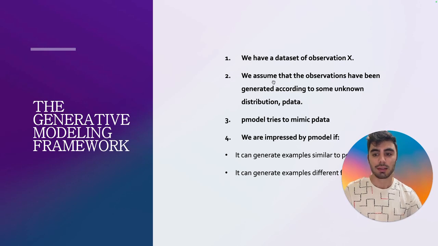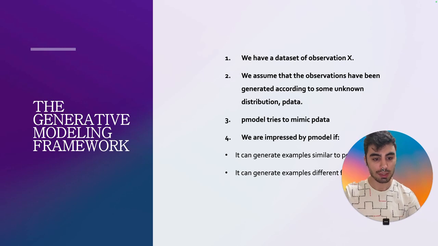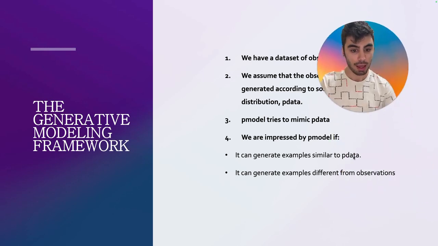We will sample from the model to generate something new, and this something new will appear to have been drawn from P data. It will not be the same. I will be really impressed if my P model can generate examples similar to P data but different from the observations, okay? It will be similar to P data and different from observations.